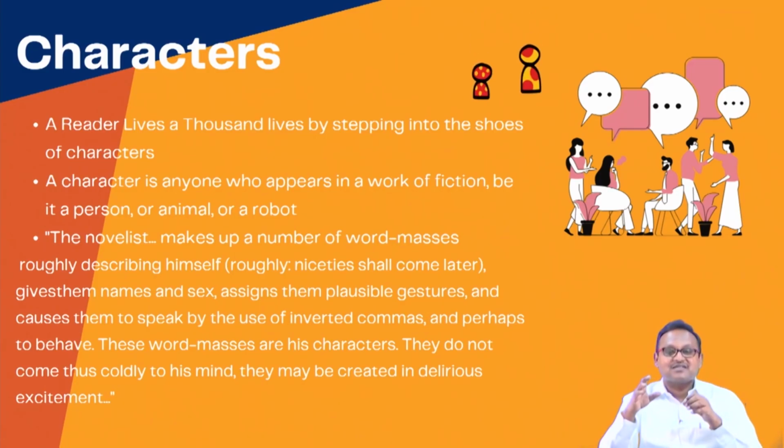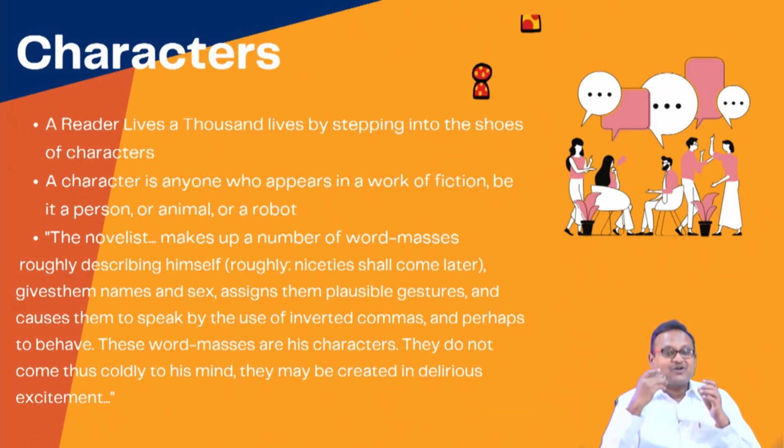These word masses can be called his characters, and they do not come to us in a very cold way. They may be created in a beautiful, delirious excitement. That is what a particular critic says about the characters.